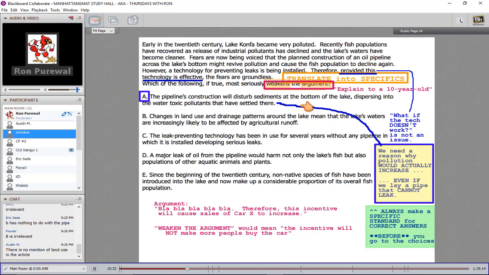Choice A is actually a reason why laying down a giant pipe across the bottom of the lake will increase pollution. That is what the argument is actually about. Choice B is not. It's got nothing to do with the pipe. So if choice B is happening, it's happening either way, so it's irrelevant whether you lay the pipe down. Smiley face if that makes sense.